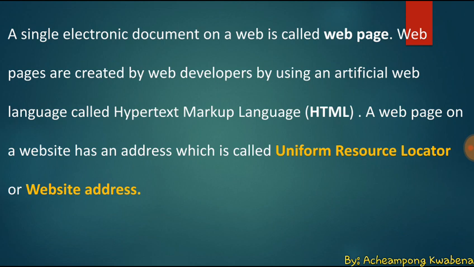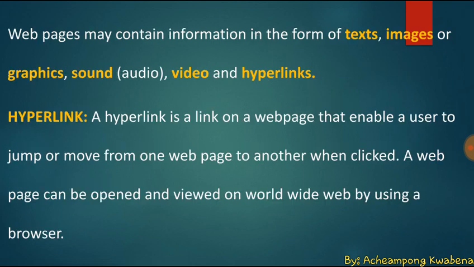So for you to access a web page of a website, you have to enter the address of this website before you can display the electronic documents of that website. That's the web pages. So every website has its own Uniform Resource Locator or website address that needs to be entered to display the web pages from that website.